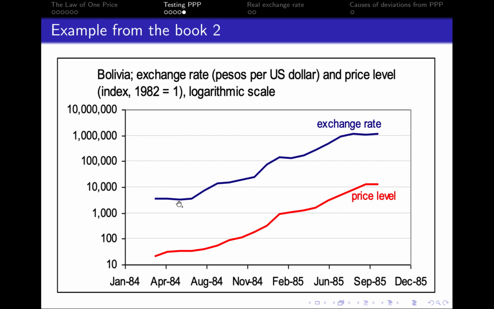You see that those two graphs are almost parallel to one another, which shows us again that the PPP condition works very well. And in cases of hyperinflation, like you see over here, it works basically immediately.